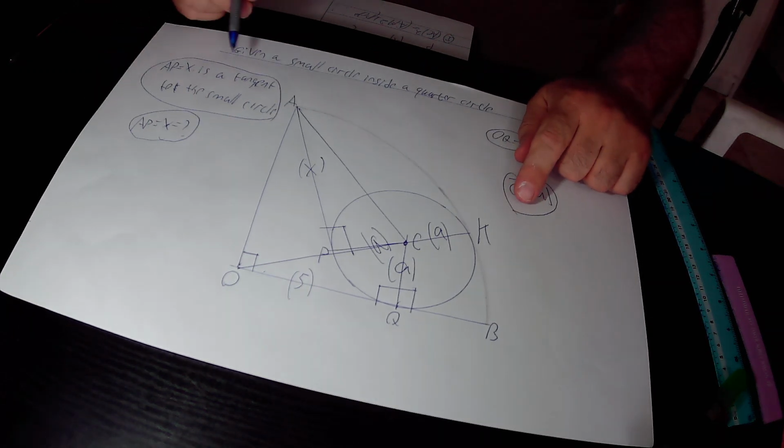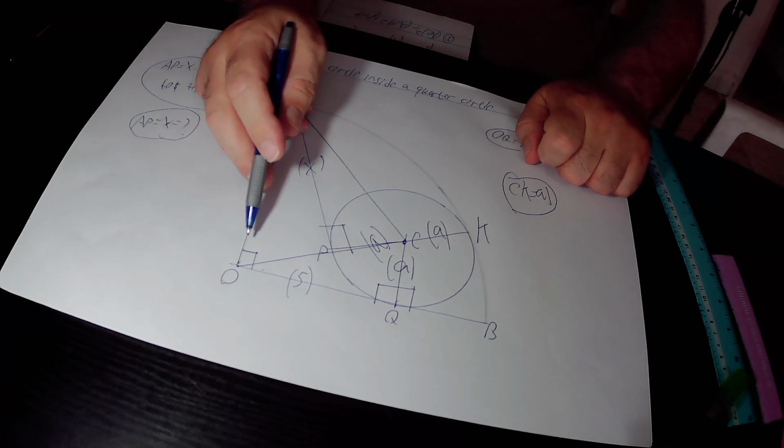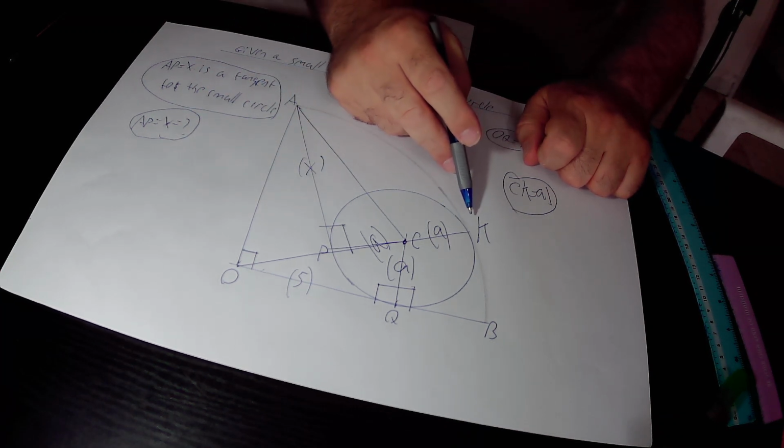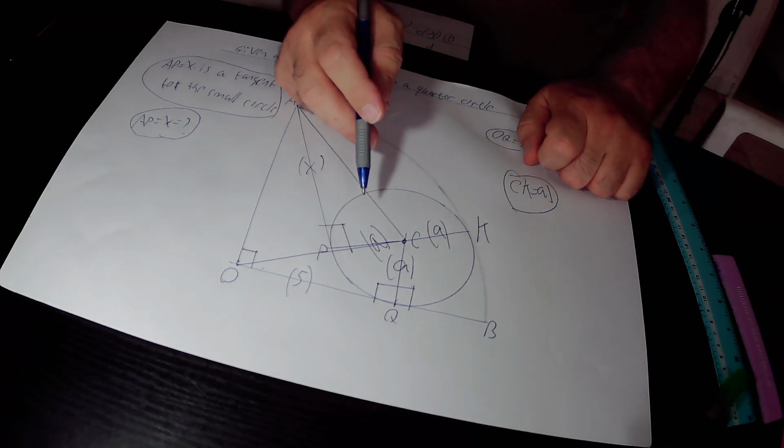What is the definition of line segment OK? Line segment OK starts from point O, that is the center of this quarter circle, and ends at point K, that is a point on the quarter circle itself. So this is exactly the definition of a radius. Therefore, OK is the radius of this quarter circle.